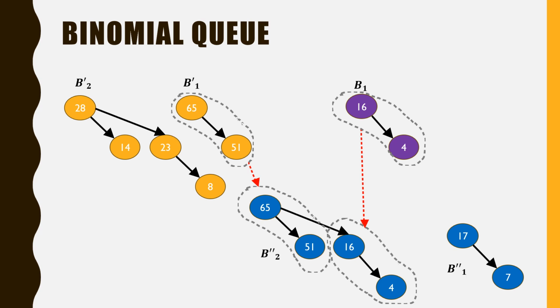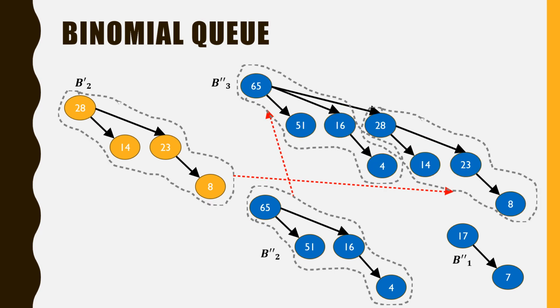For example, we can merge the purple tree B1 and the orange tree B'1, leaving the blue tree B'1 unchanged for now. By comparing the roots of two selected binomial trees, we find that the purple tree B1 should be attached to the root of the orange tree B'1 as a subtree. This merge results in a blue binomial tree B'2 shown in the slide.